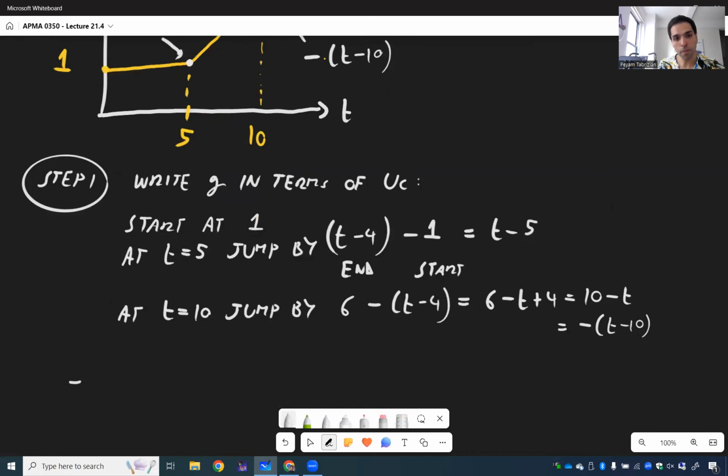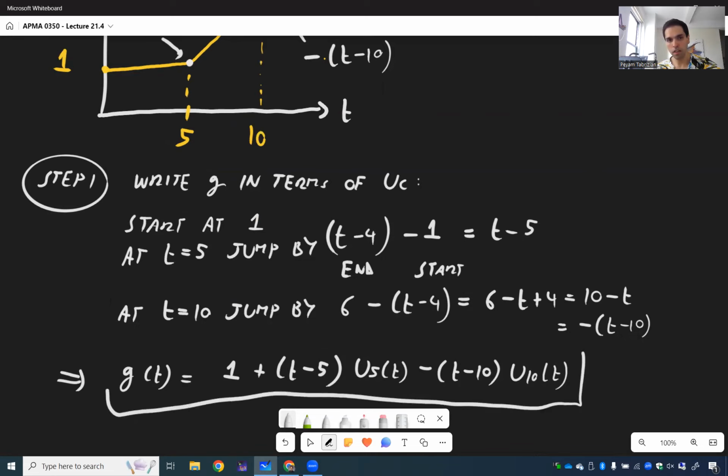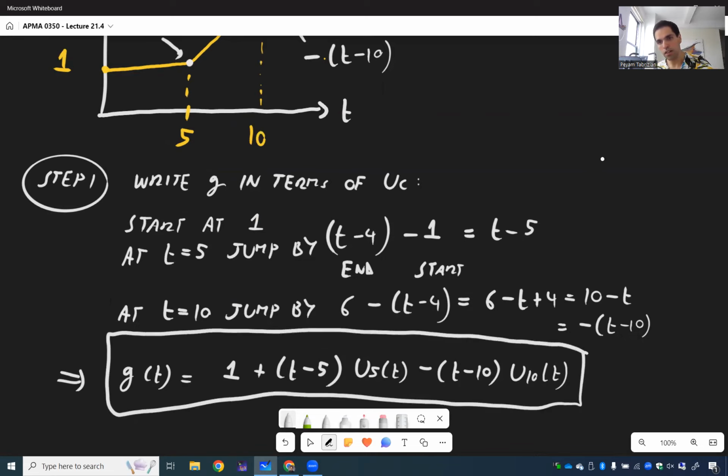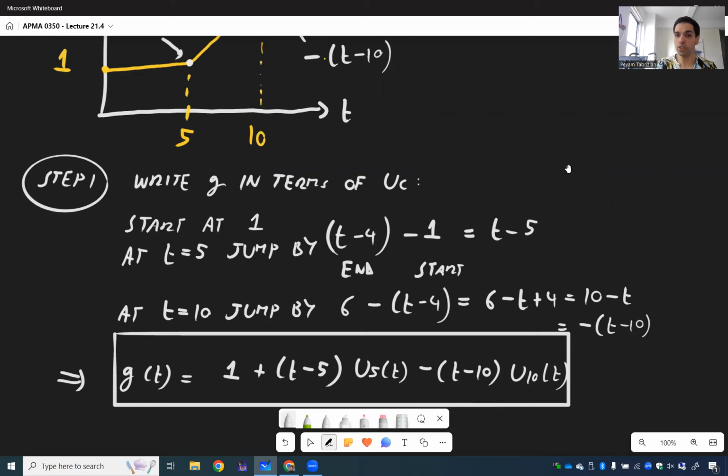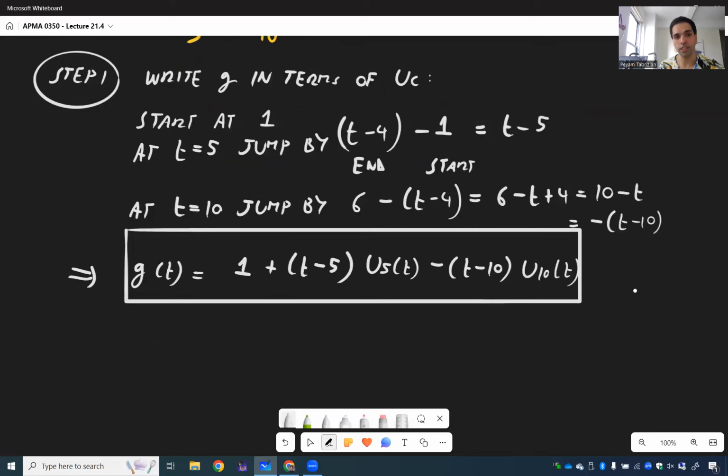And therefore, g is 1 plus (t minus 5) u5 of t, minus (t minus 10) u10 of t. So we wrote g in terms of jumps, and now we need to find the Laplace transform.